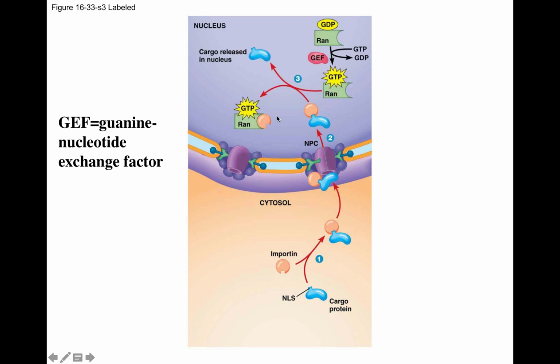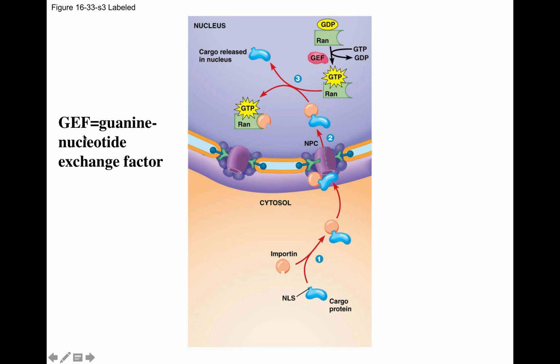And once they're in the nucleoplasm, the complex binds to a protein called RAN, which is in the nucleus, plus GTP, okay? And then that GTP is split to GDP by GEF.